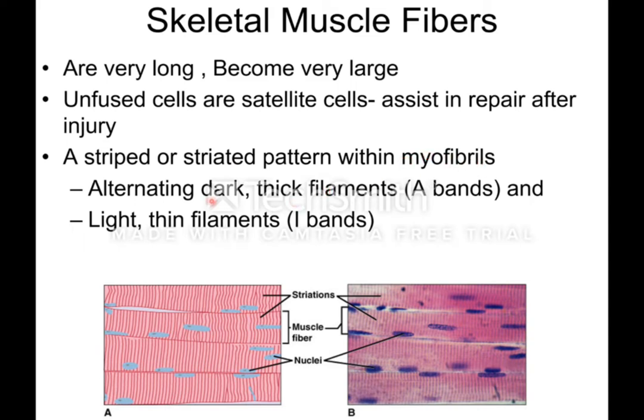There are two bands in the cell: alternating dark bands that include thick filaments, which physiologists mostly name A bands or anisotropic bands, and the light bands that include thin filaments, also named I bands or isotropic bands, which I will explain in more detail.